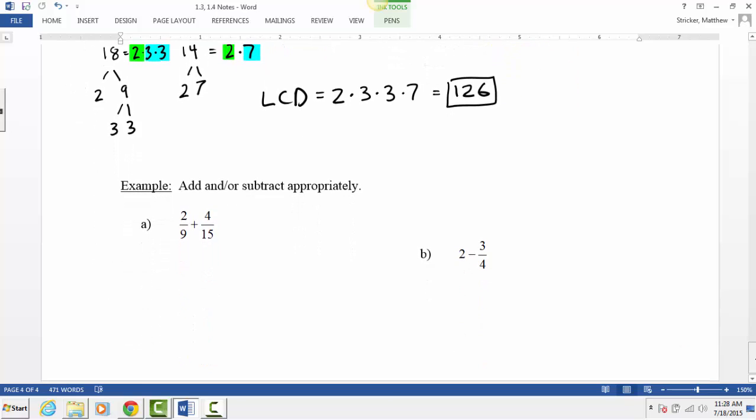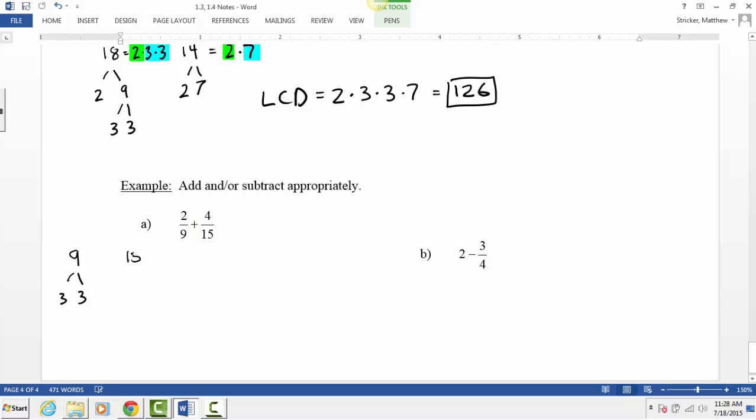So let's go ahead and use this knowledge to add and subtract in these two examples. Notice that here 2 9ths plus 4 15ths, 9 and 15 are not common denominators. So what I need to do is find a common denominator, find a number that 9 and 15 both go into. We could use the same approach we did before. Take our 9, which is 3 times 3.